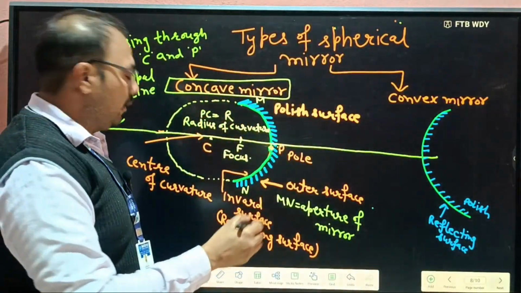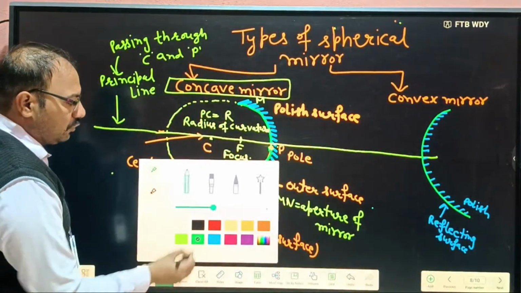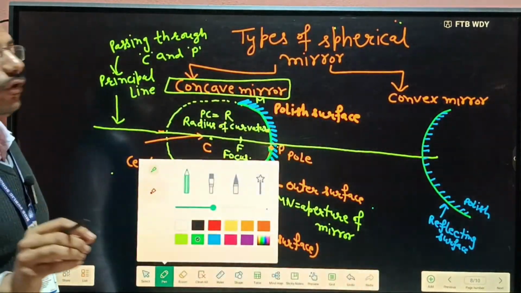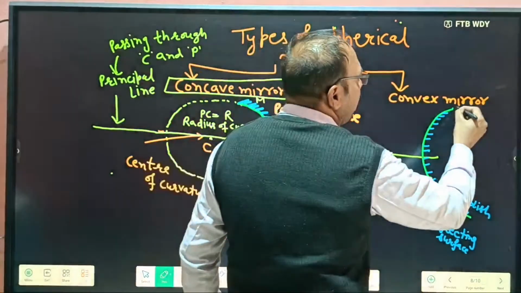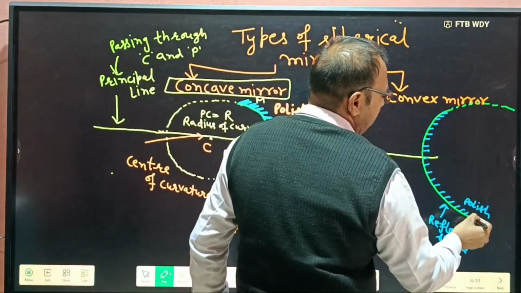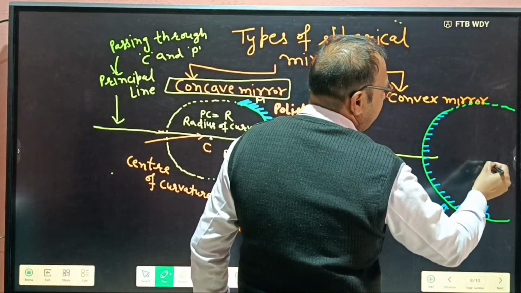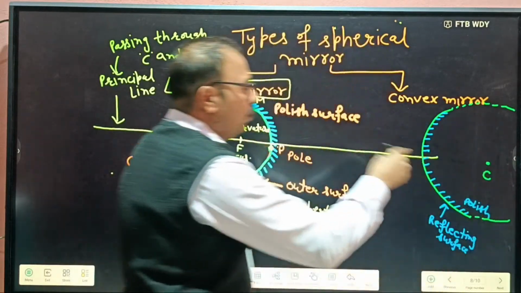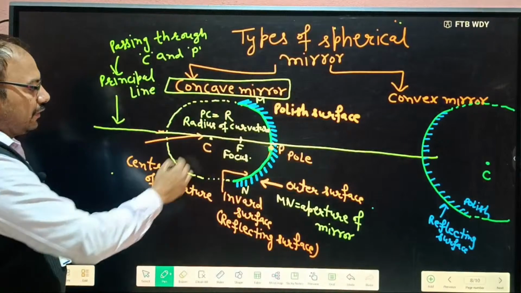So we draw here a sphere. It has a center, and that center is known as the center of curvature. If we draw here this and this, it consists of C. So C is known as the center of curvature.